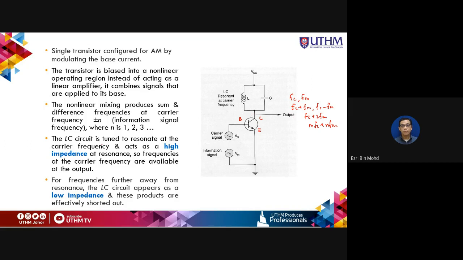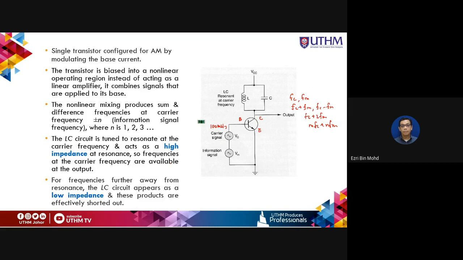Okay. The LC circuit is tuned to resonate at the carrier frequency and acts as a high impedance at resonance. So frequencies at the carrier frequency are available at the output. For the frequencies further away from the resonance, let's say for example resonance is 100 megahertz, the LC circuit appears as a low impedance and these products are effectively shorted out.